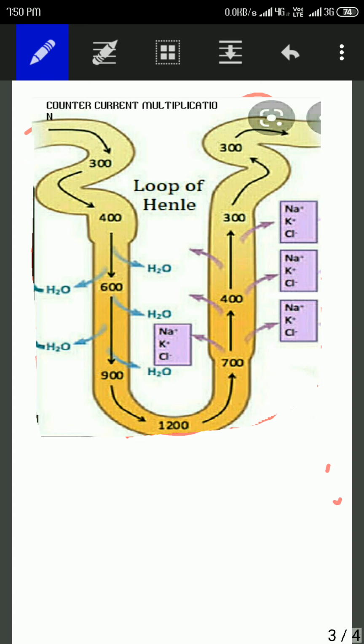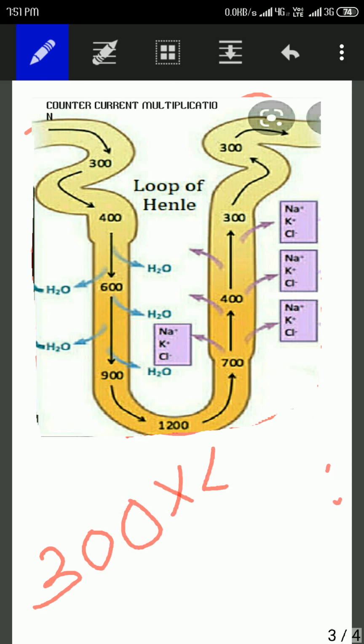Why does this happen? The descending part of loop of Henle is permeable only to water, not to solute. So the concentration of fluid in the descending part increases. At the entrance of the descending limb it is 300, whereas at the tip of the loop of Henle it is 1200. So we can clearly see that the osmolarity has multiplied 4 times and become 1200.